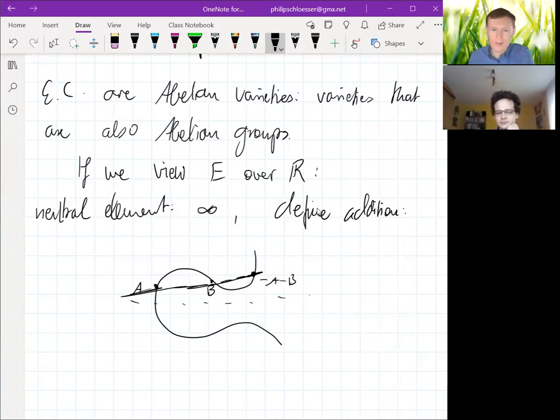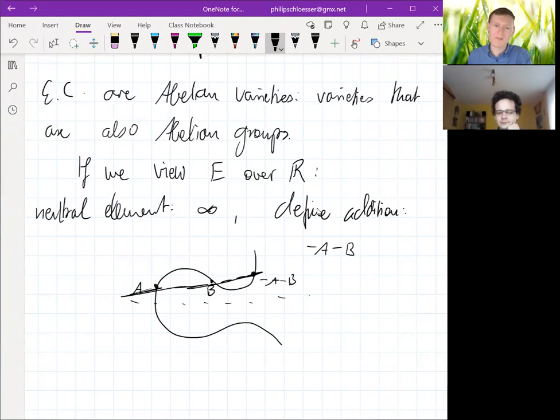How do we get from minus A minus B to A plus B? Recall that we want the two summands and the negative of their sum to lie on the same line.